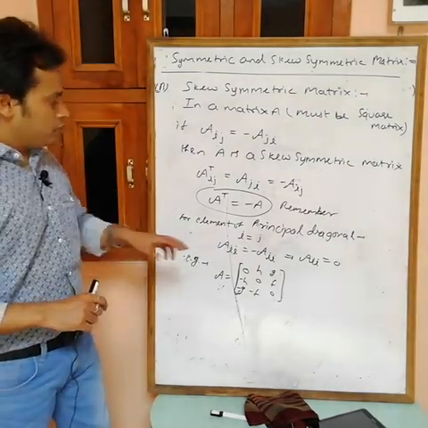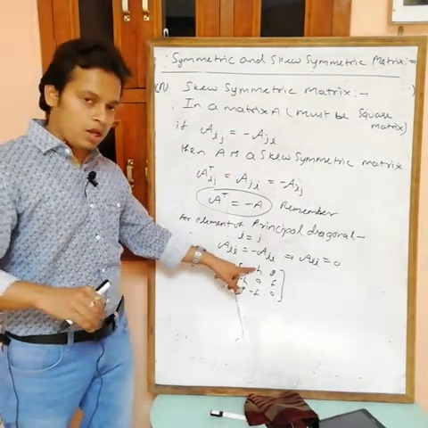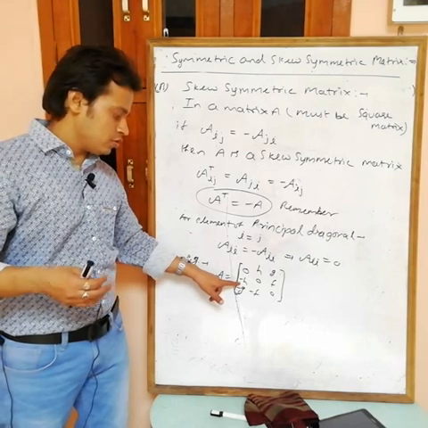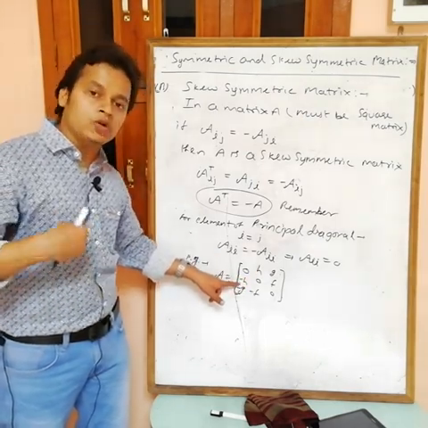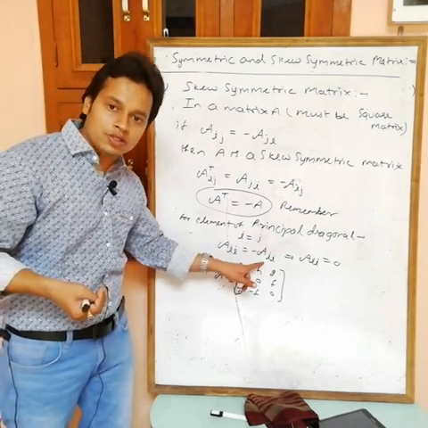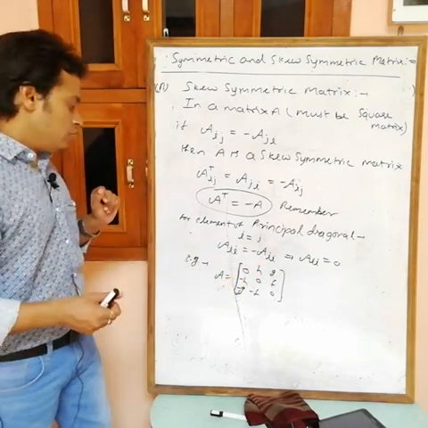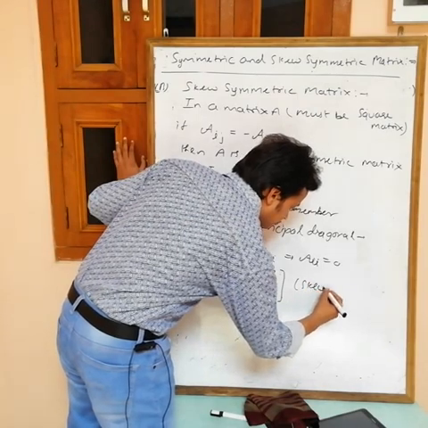Every element satisfies this. If you take this one, the a12th element, and this one, the a21th element, the a21th element is equal to minus of the a12th, and this is equal to minus of this one. This one is skew symmetric.